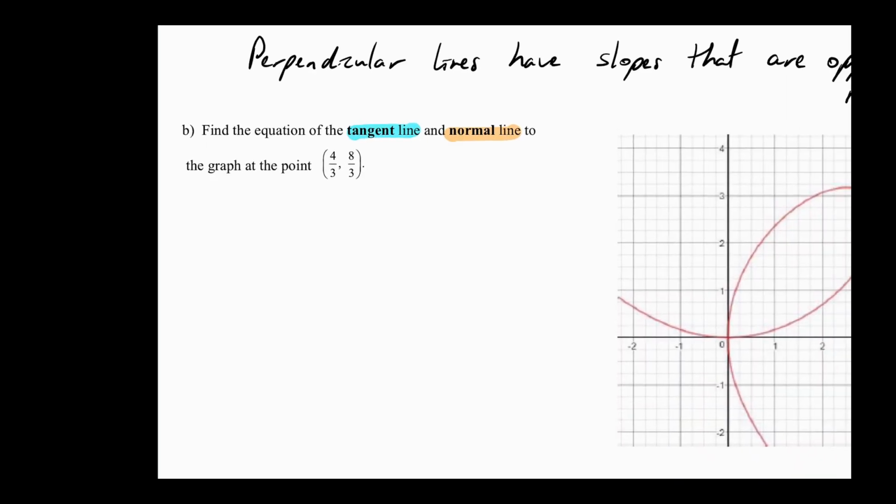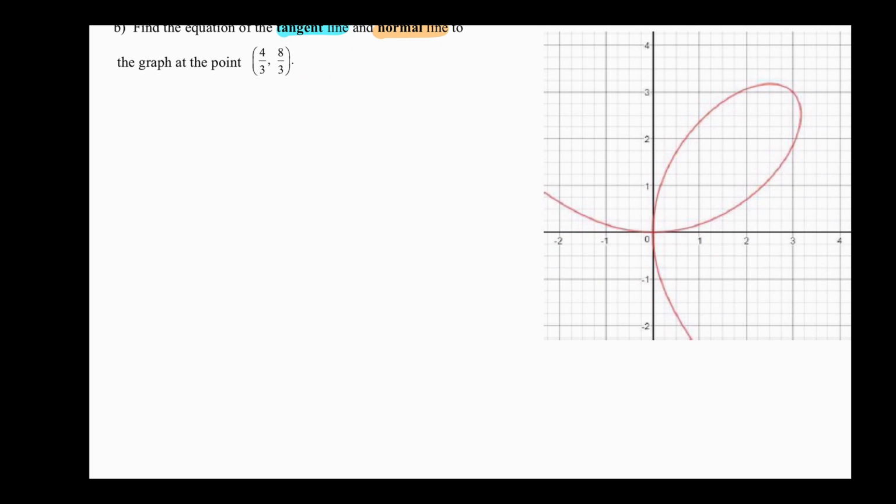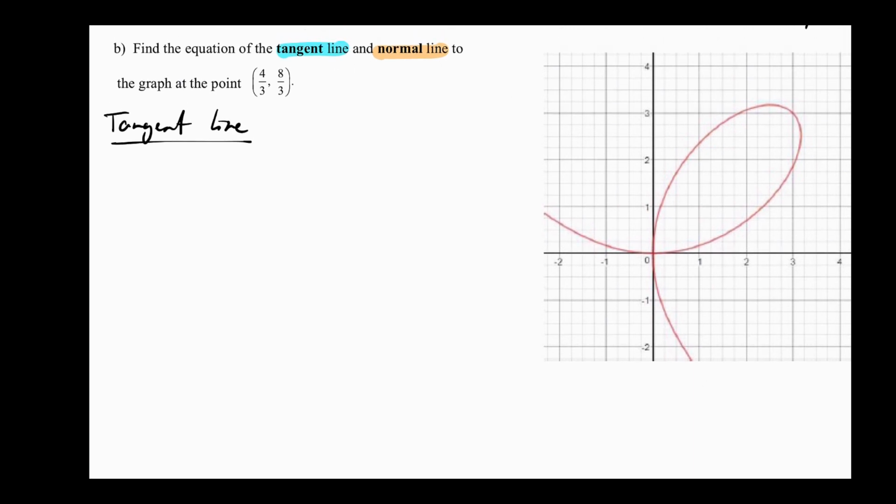It really isn't. Okay. So let's look at the tangent line first. If I need a tangent line, I need a slope and I need a point, right? Well, I got a point right here: 4/3 and 8/3.